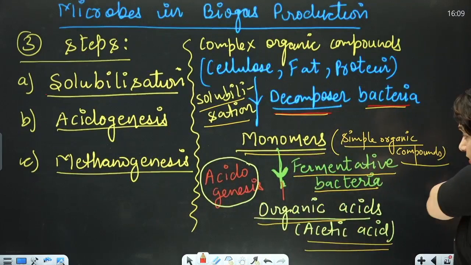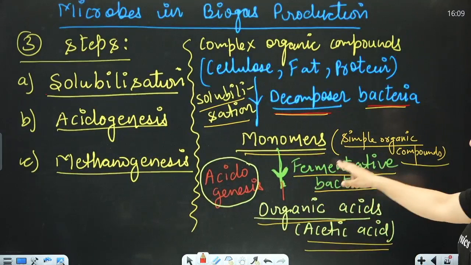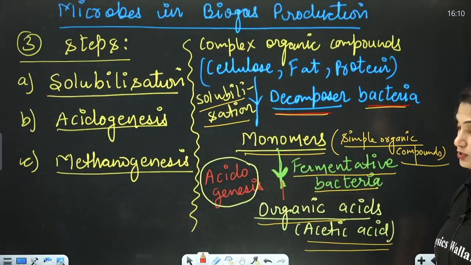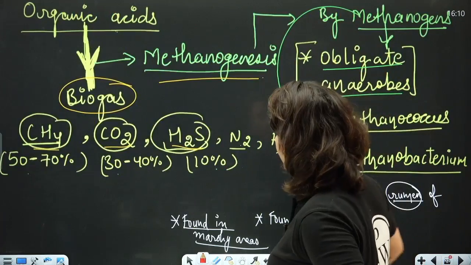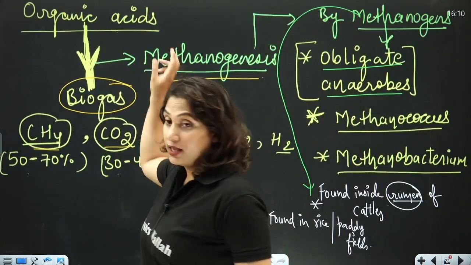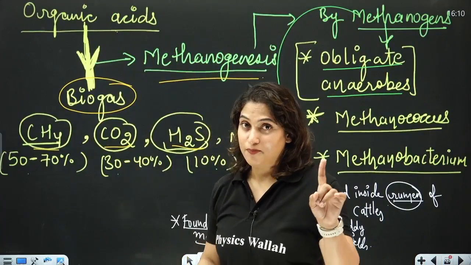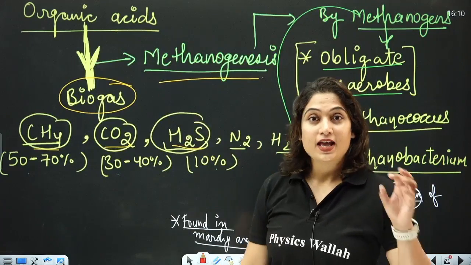Then these simple organic compounds, with the help of fermentative bacteria, are converted into organic acids like acetic acid, and this step is called acidogenesis. And then ultimately, which bacteria acts upon these organic acids like acetic acid? Methanogens.